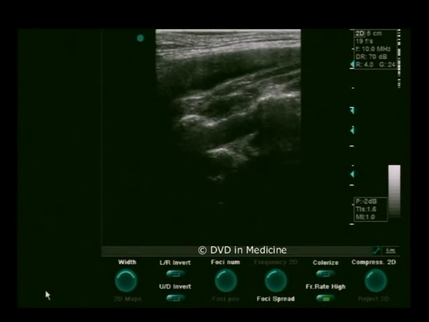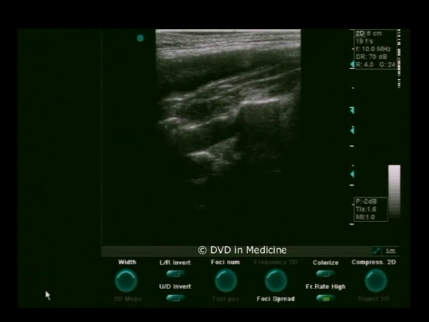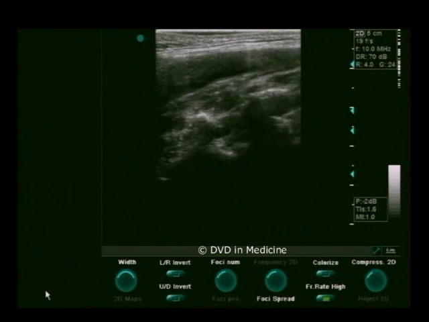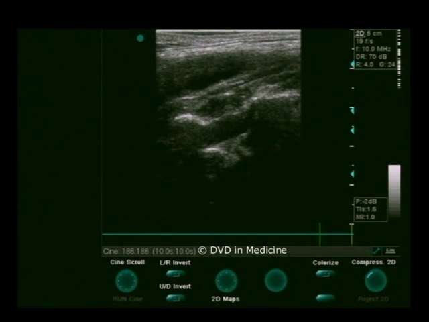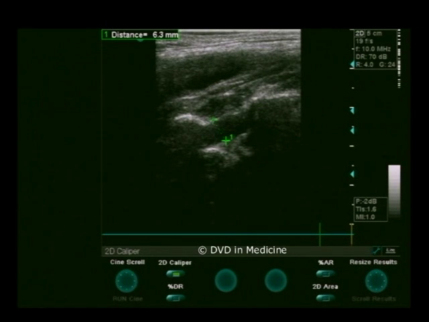There may be marked variation in the size of the vertebral arteries. Their relative contribution to basilar artery flow also differs. When there is disparity of size, the left artery is usually the larger of the two.